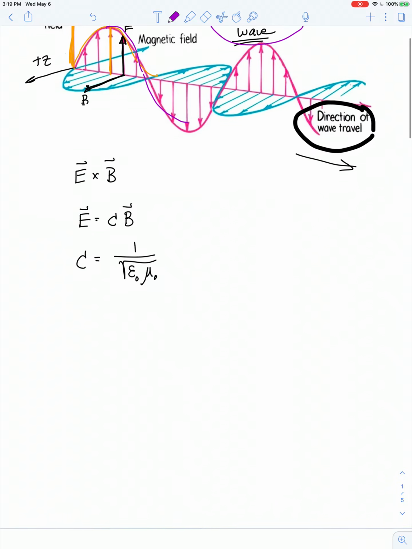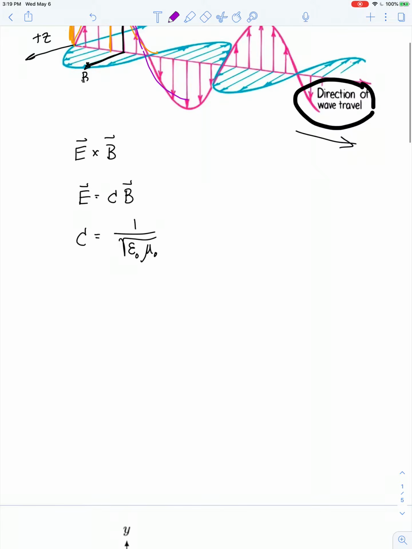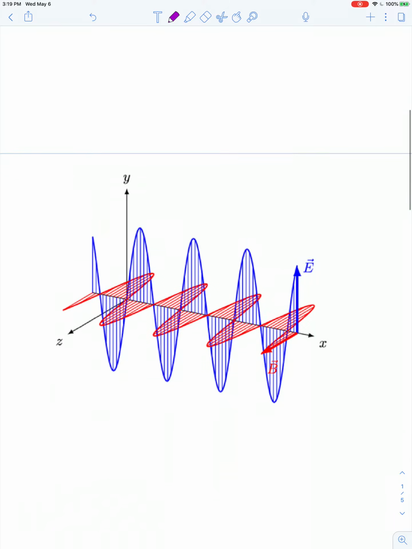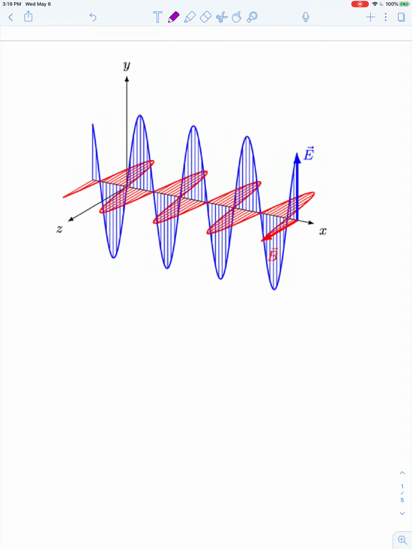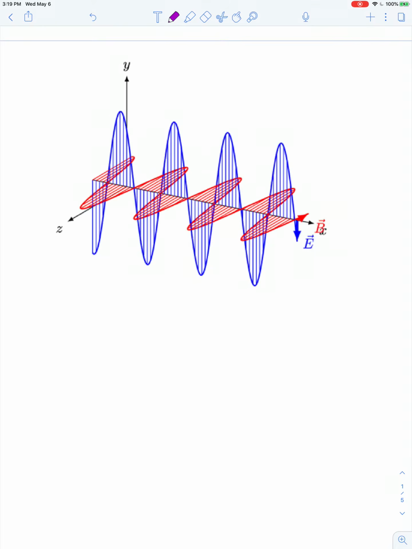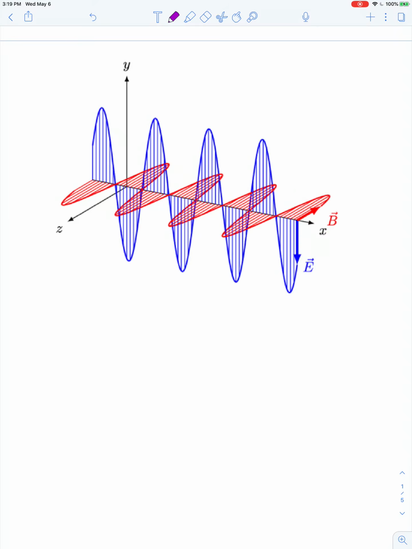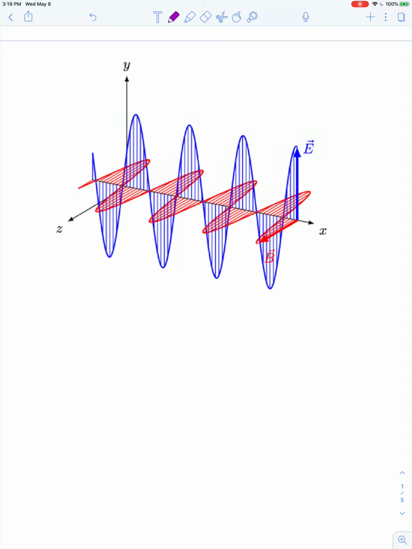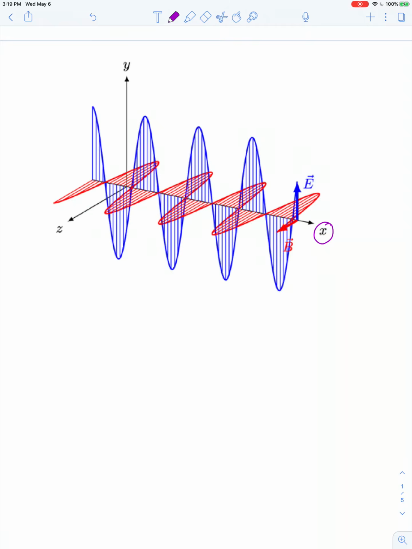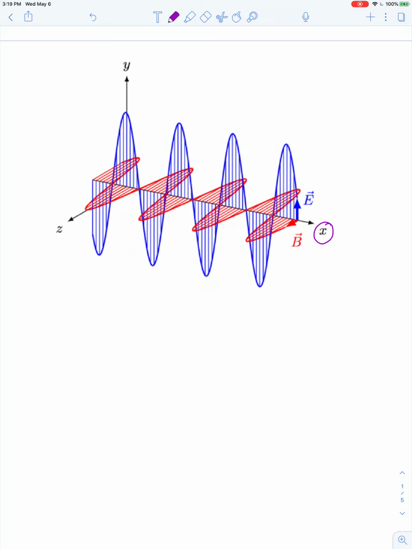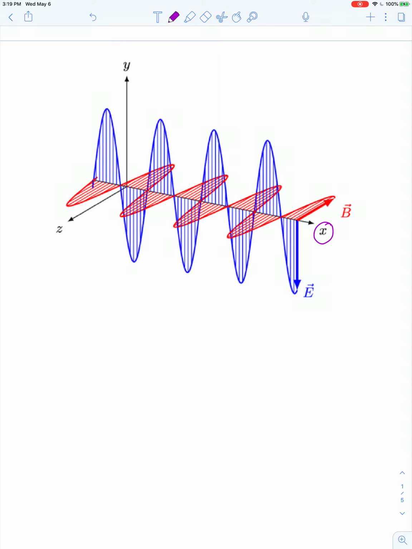Let's animate this and see what it looks like as time progresses. So it's not just a variation in space. The electric field has a maximum value at different locations along the x-axis, but it's also varying in time. It doesn't hold its value at any position for any duration.